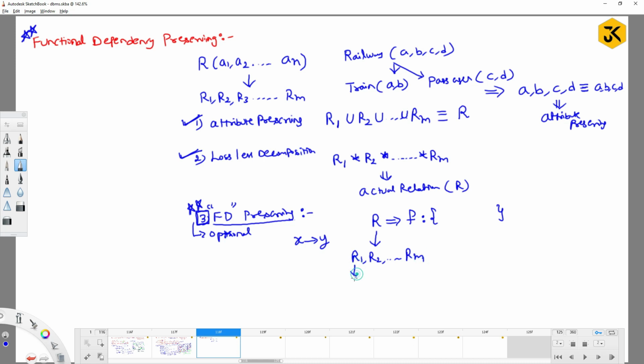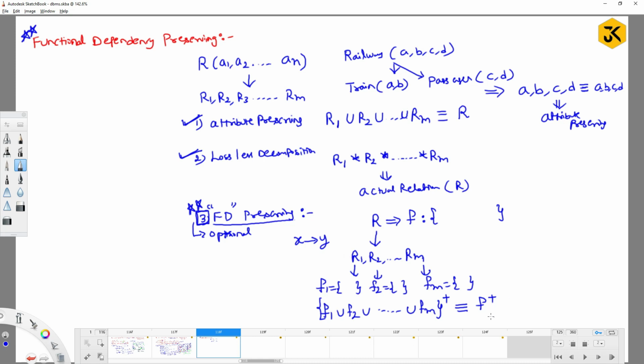For each relation you are going to have a set of functional dependencies: F1 for R1, F2 for R2, and Fm for Rm. So F1 union F2 union and so on, union Fm, closure, is equivalent to F closure. This is what I can say is functional dependency preserving.